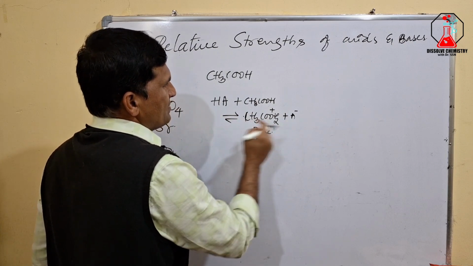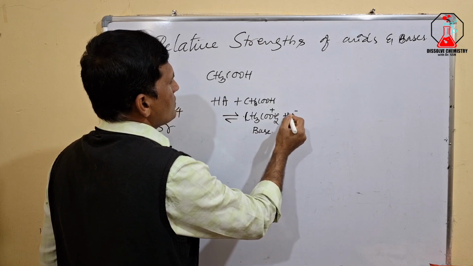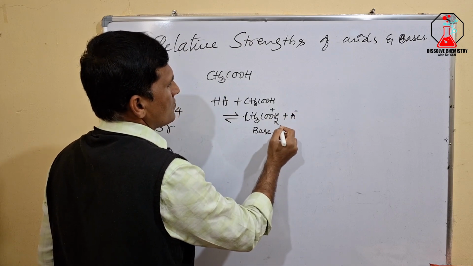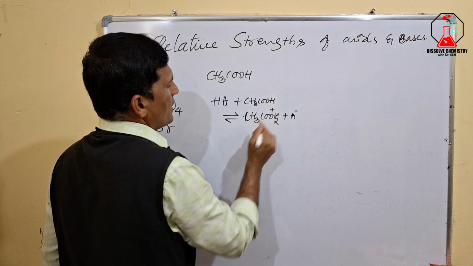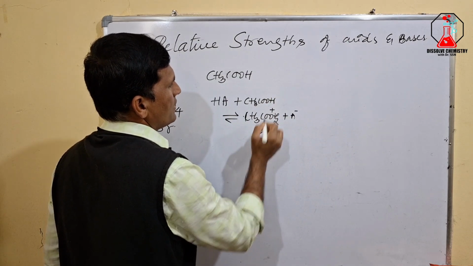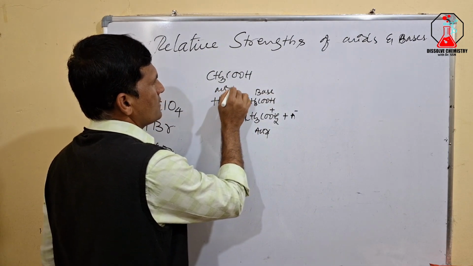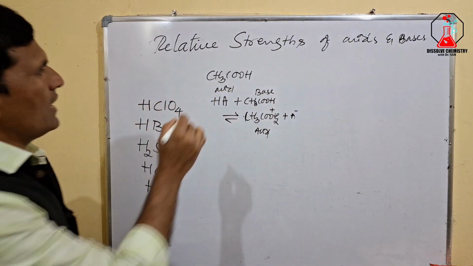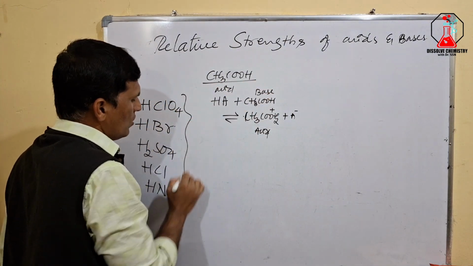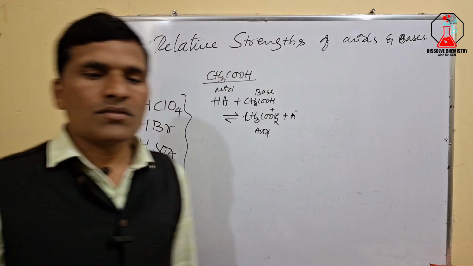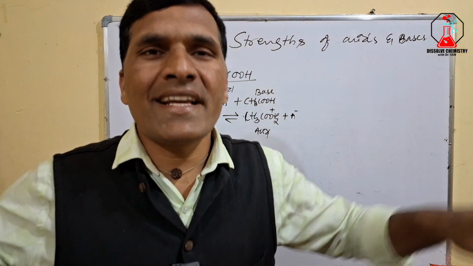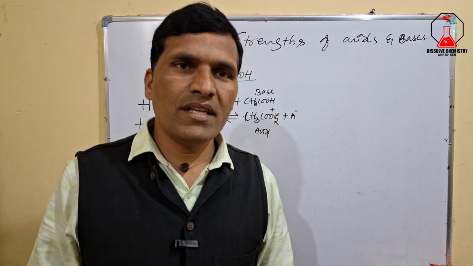Acetic acid is acting as a base, and here it is the conjugate acid. So this is your base, this is your acid. In acetic acid, when I dissolve all these acids, they ionize to different extents. What is the meaning of that?